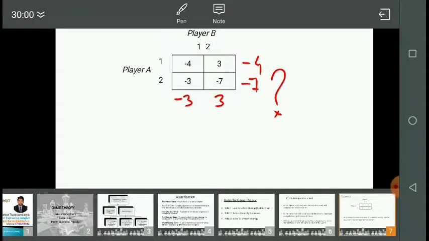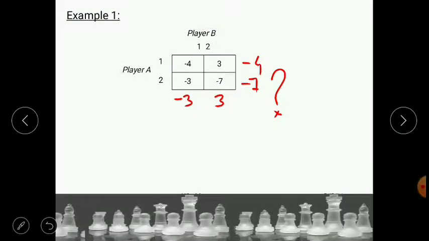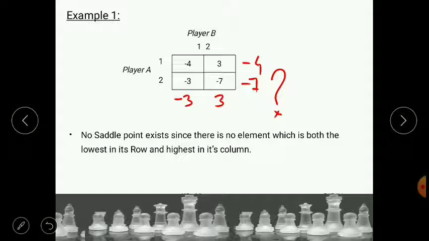So we can conclude that there is no common point wherein the value is same. No saddle point exists. No element which is both the lowest in its row and highest in its column. This is important: lowest in its row and highest in its column. So that's not that.